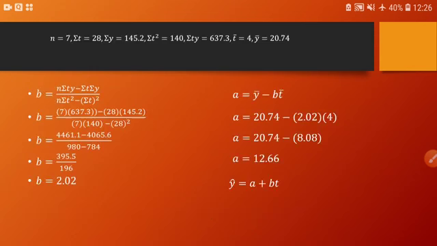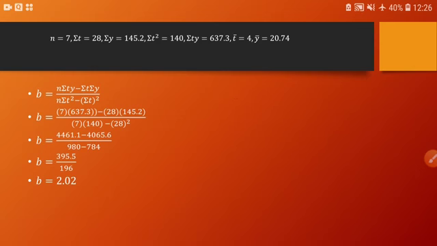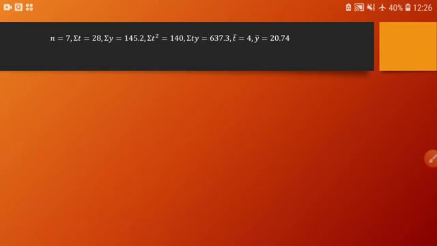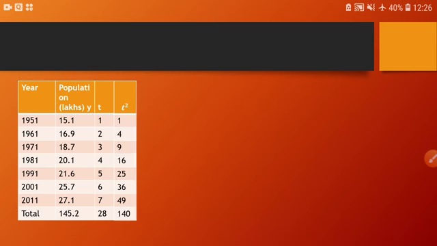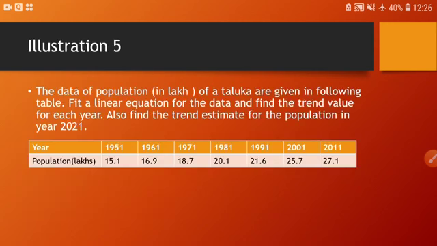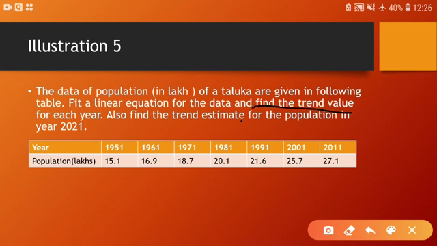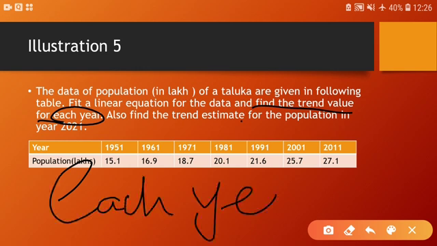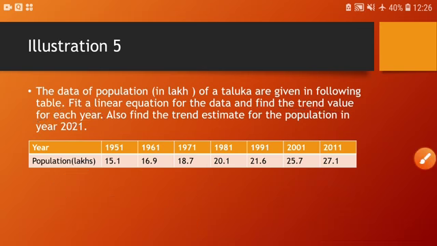Now there was another question, which was like, so this is the new thing, find the trend value for each year. So what they asked? They asked you to find trend value for each year.